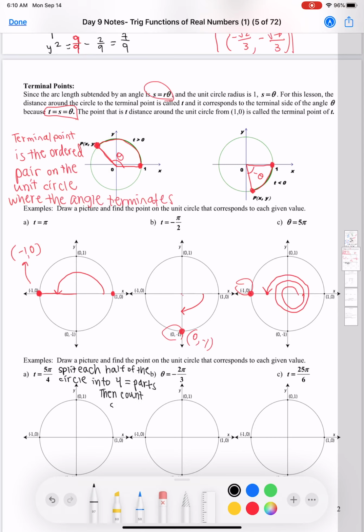Then count 5/4. Okay, so by that I mean, starting at my x-axis here, splitting each half into 4 equal parts. That will give me, okay, so there's 1, this would be 2, this would be 3, 4, and if I do it to the bottom half, 1, 2, 3, and then that's my 4.